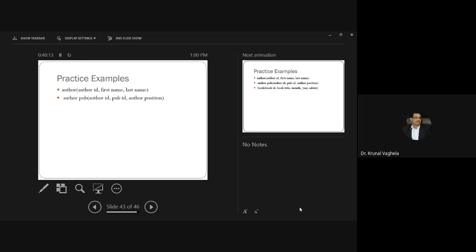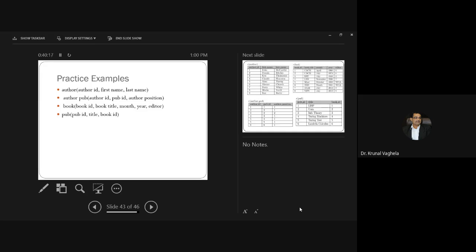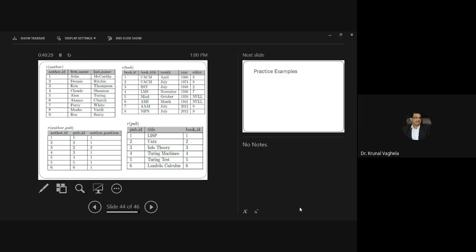Now one more database. This is the last. Better you take this, not just write the column names, or take a photo. It is some library where there are author, book, and publication.